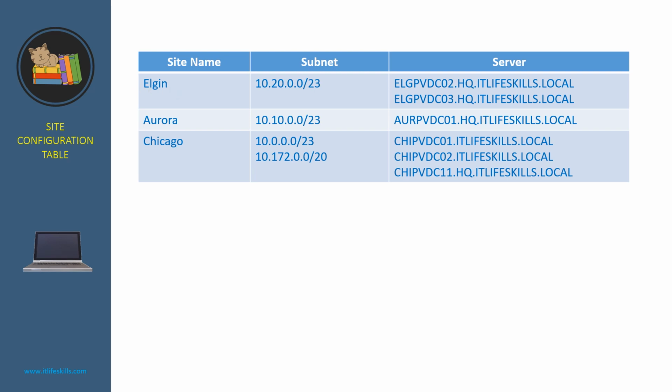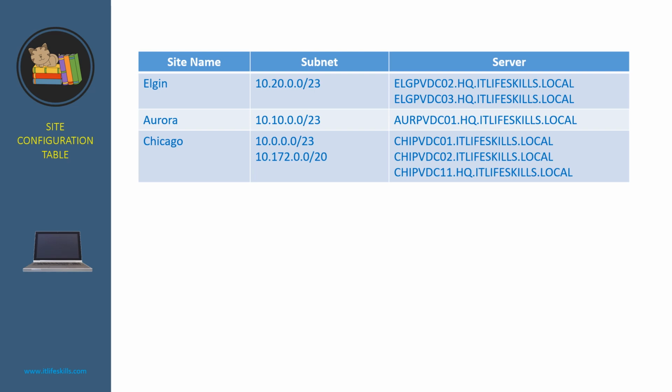After that, we will create Aurora site and move the domain controller LPVDC01 into it. Then we will create the subnet 10.10.0.0/23 and associate the subnet to Aurora site.